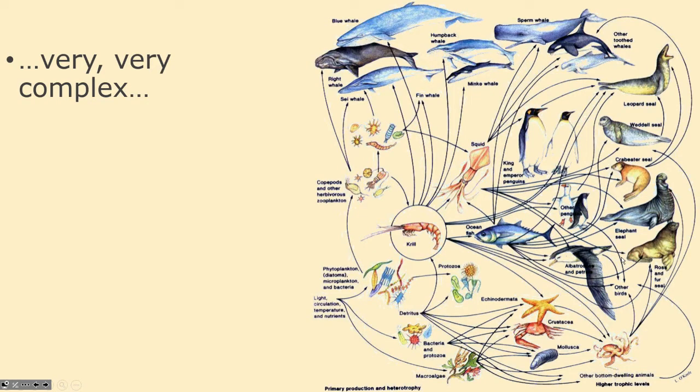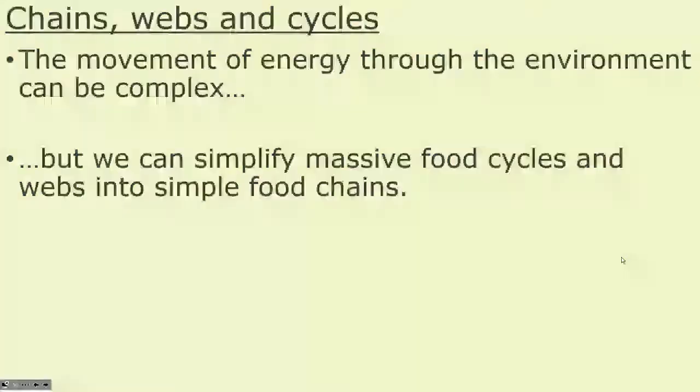But really, the food chains that we've been looking at are just little sections of these very complex food webs. And they're a simpler way of looking at a small snapshot of the environment. And just because it's simple doesn't mean it's not true. It's just an easier way of looking at it.